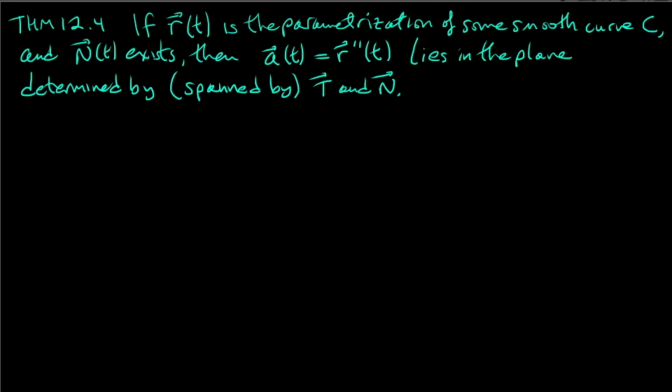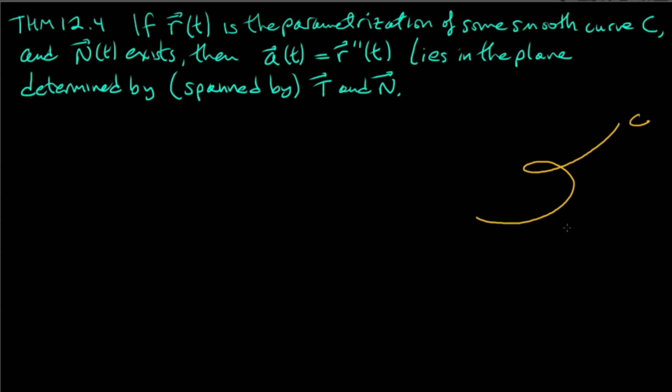Okay, now we get to the all-important theorem, this property. This is something I think I alluded to in the previous video, but I don't remember for sure. So we have some smooth curve, and it could be a curve in a plane or a curve in space. This is our C here, and we're guaranteed that the normal vector exists, at least at all points where you don't have an inflection point.